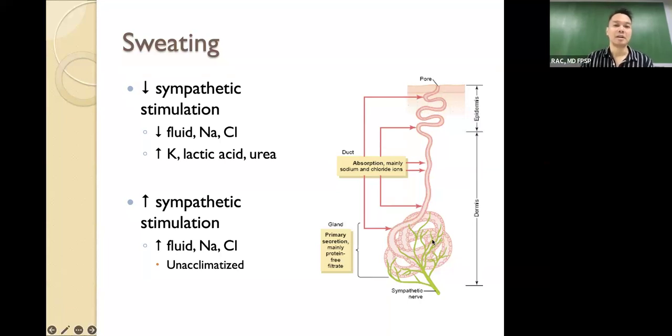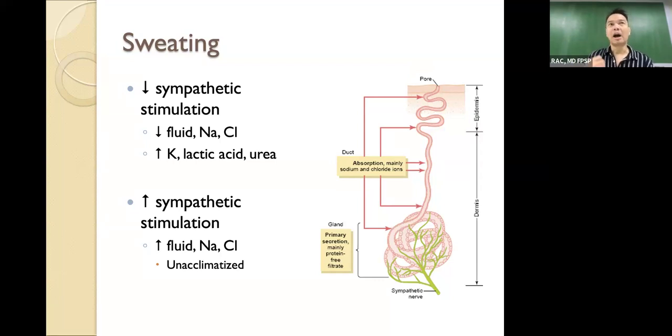Since it is greater, the flow of your primary secretion as it passes through the ducts will be faster. Less time for the ductal cells to reabsorb sodium, chloride, and water. So when sweat comes out onto the skin, you'll have more water, more sodium, and more chloride.